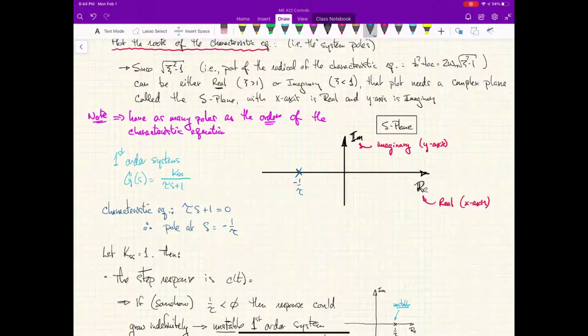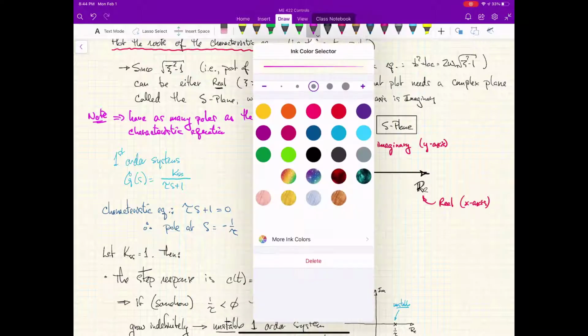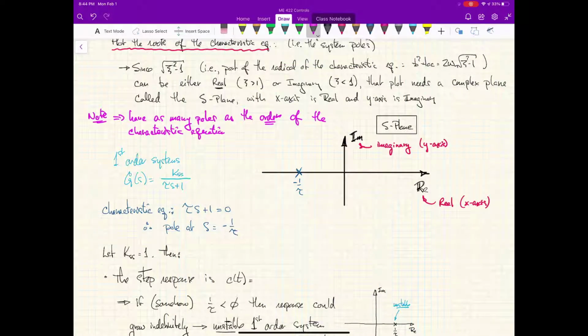And we're going to see that that's an important criterion for stability, that S-plane, and where we are on that S-plane. Specifically, we're going to want to be on that left-hand side S-plane. Now, there's more to it than just stability when we look at the roots of the characteristic equation on the S-plane. If I grab this guy, minus 1 over tau, and I move it towards the imaginary axis, then the slower the response of my system is going to be.